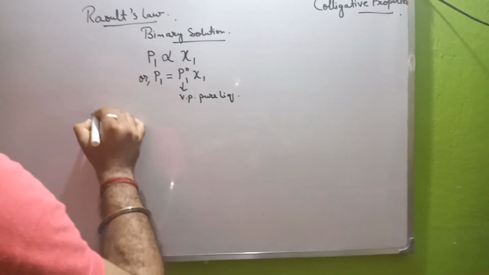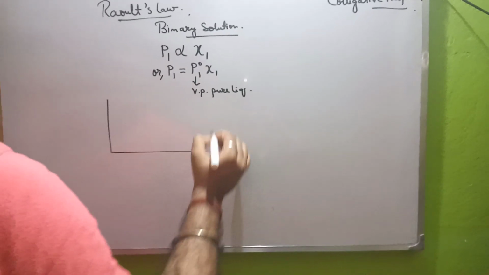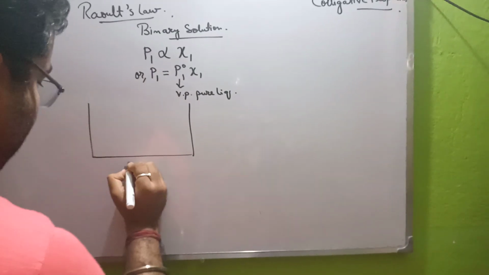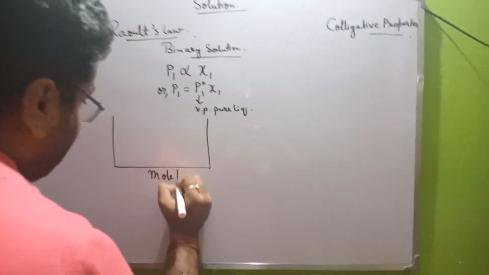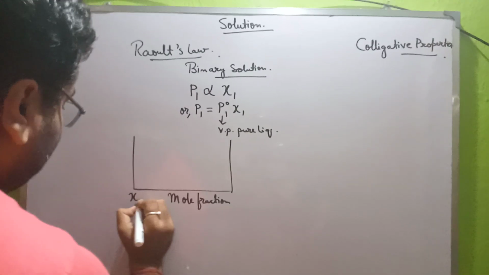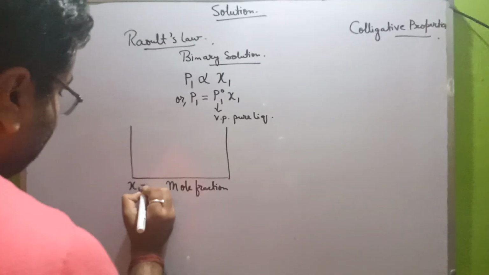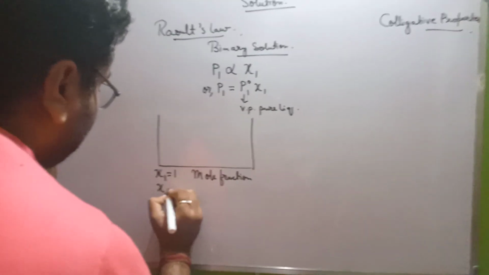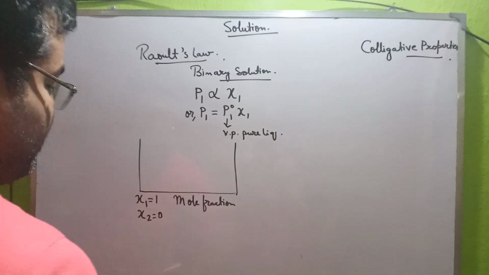Now on that day I had given an example on the basis of this axis, where mole fraction should be over here. As we all know, x1 plus x2 becomes 1. So if x1 becomes 1, then x2 will be 0 at this point.